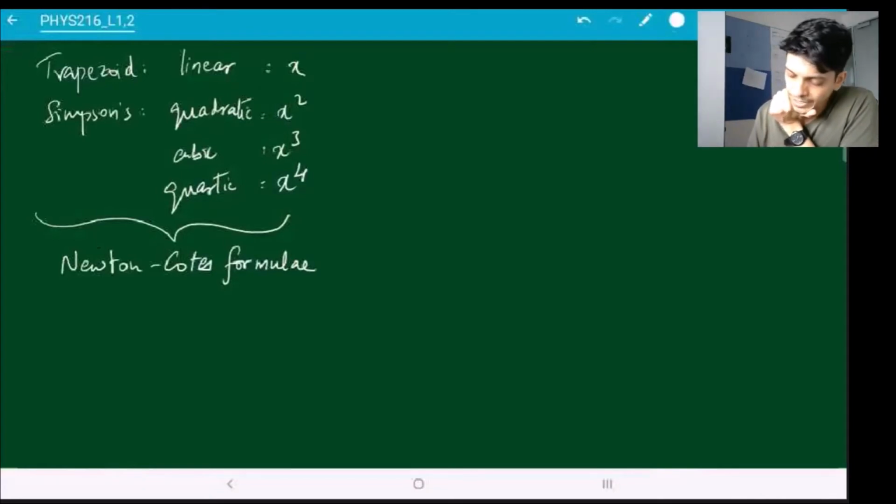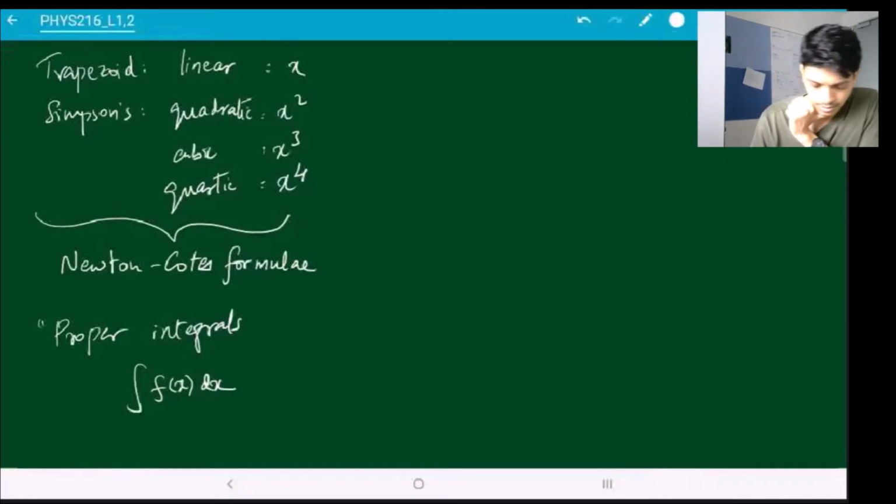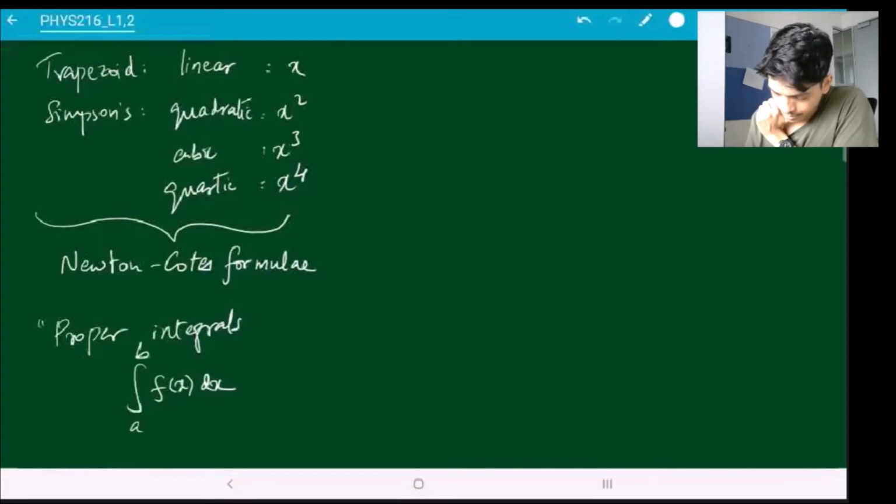Now, so far we have always talked about what are called proper integrals. And by proper integrals, what I mean is that you have a nice function f of x which does not become infinite anywhere, and you are integrating always from a to b, where a and b are both finite numbers.